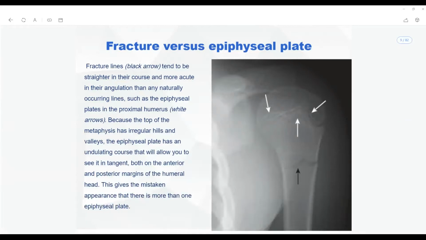Have you heard of a term called frozen shoulder? Try to find out what a frozen shoulder is. There is a condition called frozen shoulder. Try to find it out.